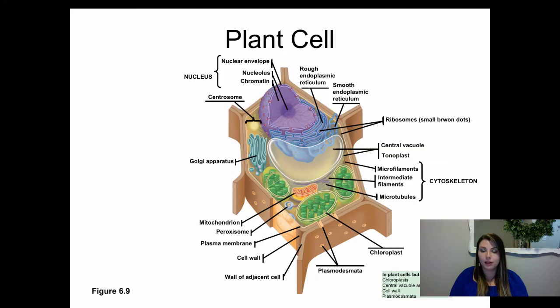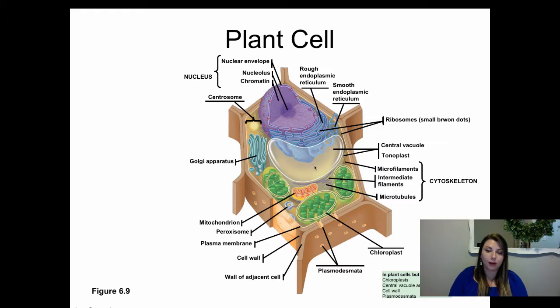All right, so in this picture we have a plant cell, and one thing you'll notice is that the plant cell is more square in its shape, whereas your animal cells are more round. So one reason for this is that plant cells have a cell wall, and you can see that cell wall surrounding the cell membrane. So that's one thing that will help you tell the difference between a plant cell and an animal cell.